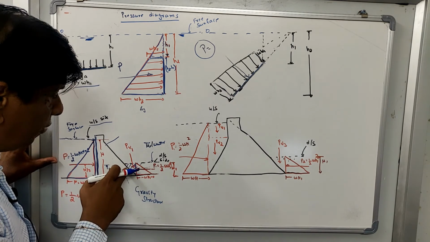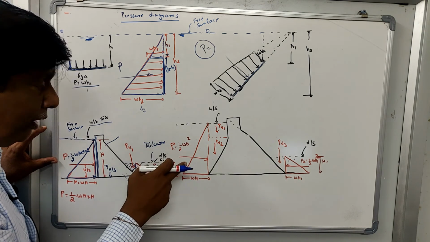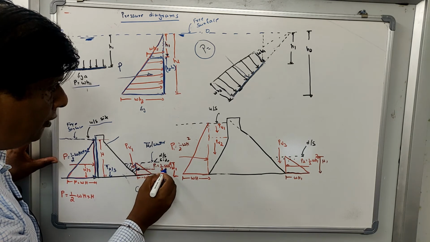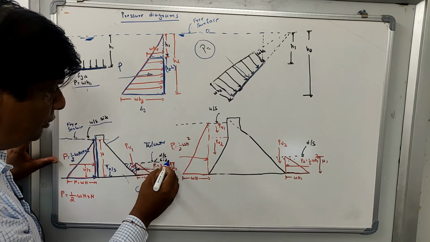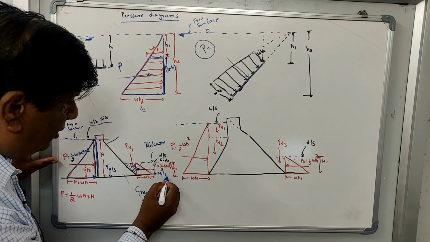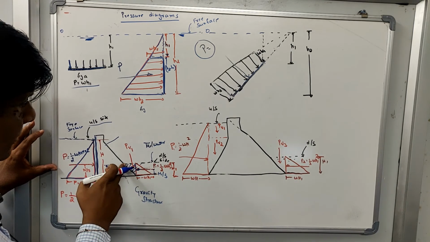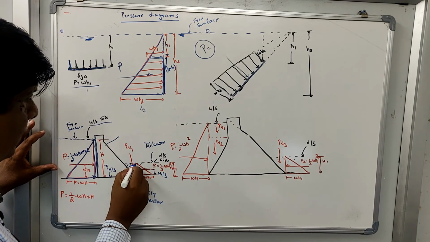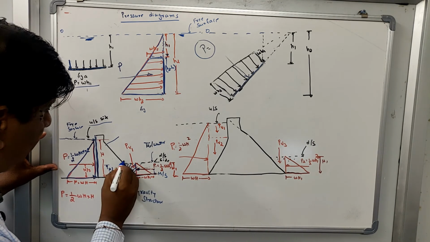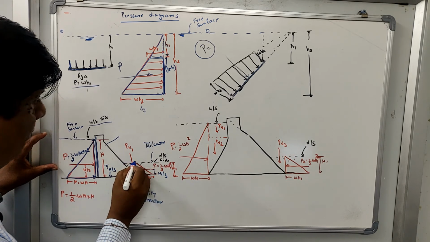So the weight is the area multiplied by 1 multiplied by unit weight of water, that gives you PV1, and also P1 is equal to half WH1 square. This force acts at a distance of h1 by 3 from the base, and this is a triangle. So either you can consider this face or this face. From this point it is acting at 2/3 of this length or 1/3 of this length from the other point.